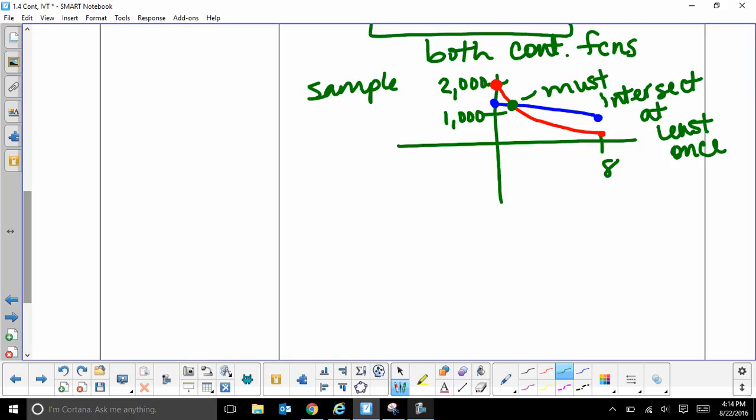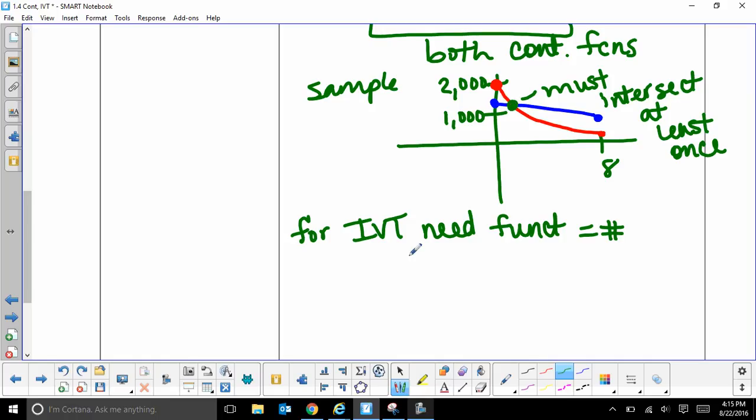Okay, let's go ahead and prove that. And a way to prove that, as I'm telling you, is to use IVT. For IVT, I need a function equal to a number, because that's what IVT proves. Well, if you remember, if we talk about intersection points, that also means if we were to subtract them, they would have to equal 0.